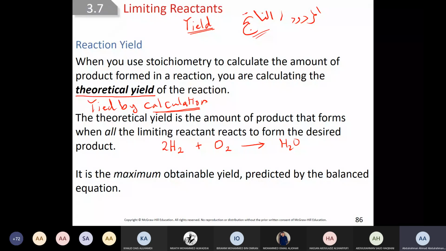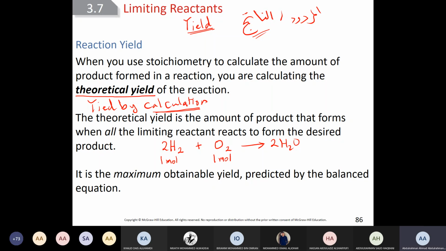Let's assume that I have one mole of this one and 1 mole of this one. Then which one is the limiting reactant? H2 is the limiting reactant.